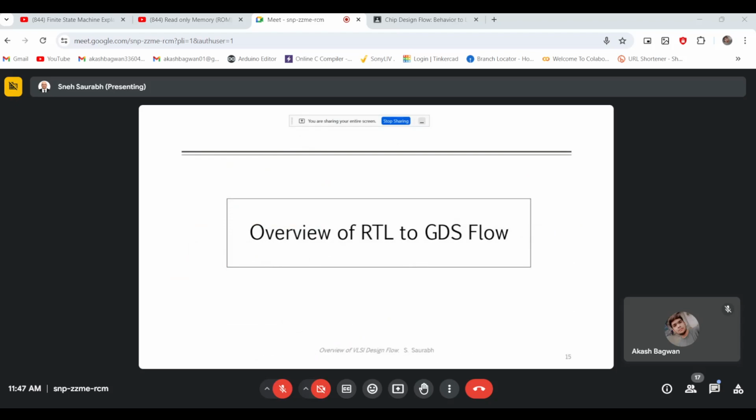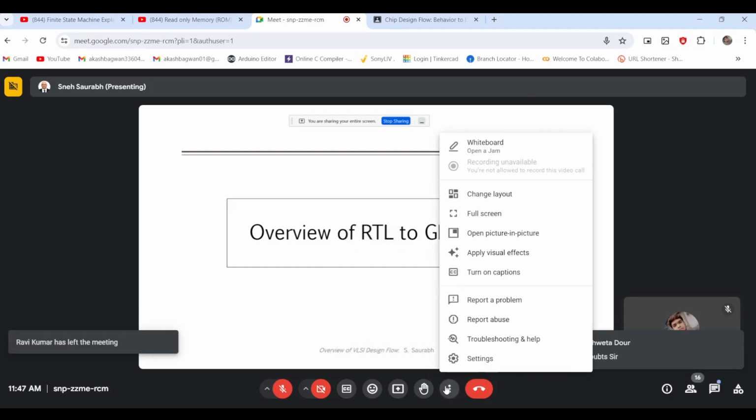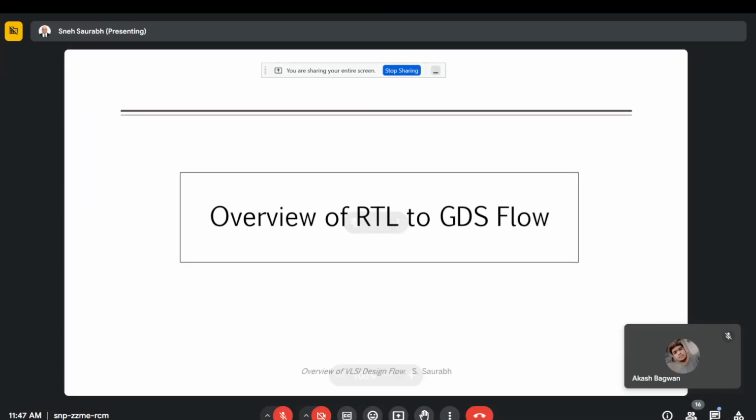Okay. Now let us move into the RTL to GDS flow. Let us assume that given our system hardware software partitioning and the specification prepared for the hardware, we have got an RTL, right?